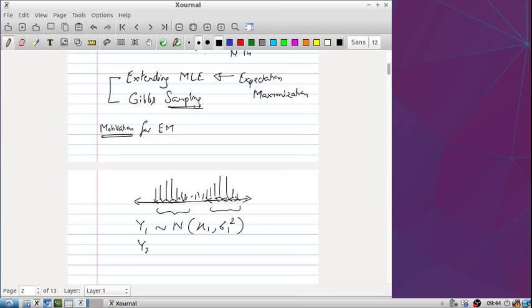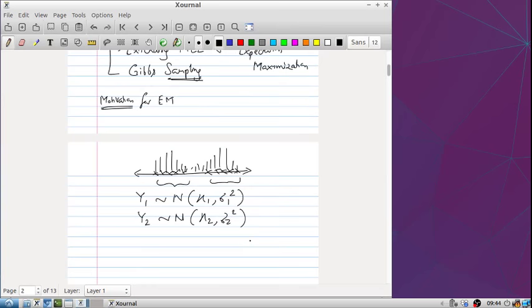There's going to be another Gaussian y2, which has mean mu2 and variance sigma2 squared, right? The two Gaussians. I'm also going to introduce another variable, delta. It's a random variable. So all these are random variables, right? Which is going to be Bernoulli with the parameter pi. Okay, so I'm going to use pi as just a symbol. It's not the 3.14 stuff.